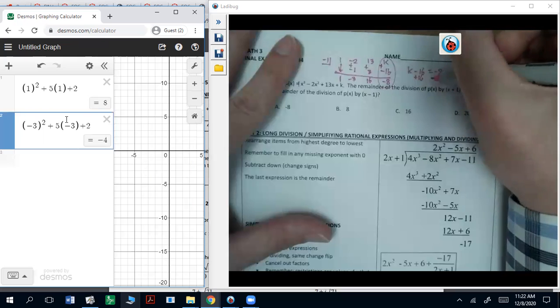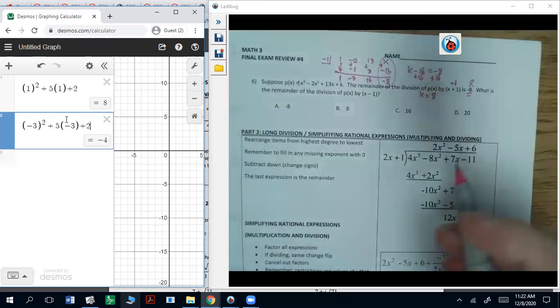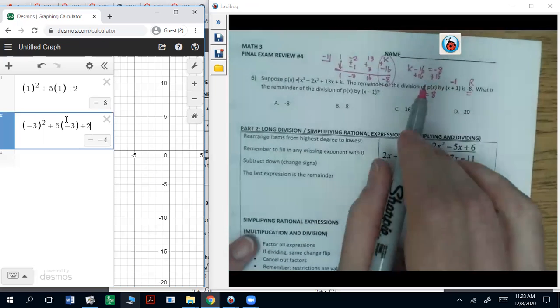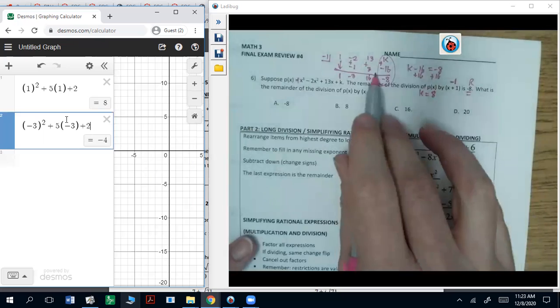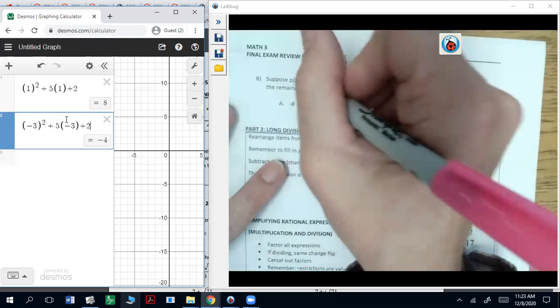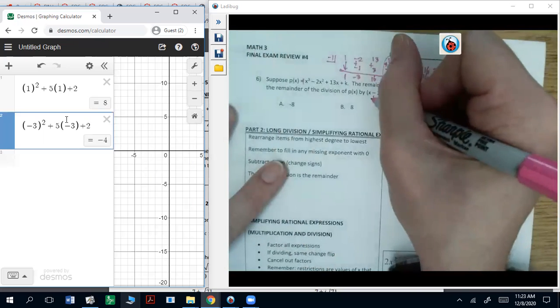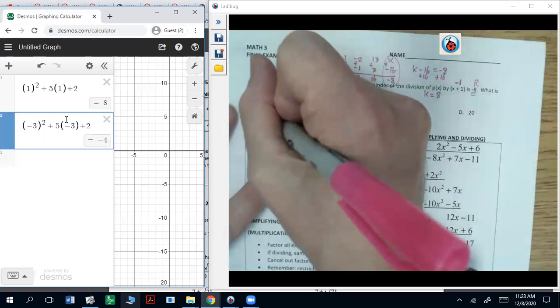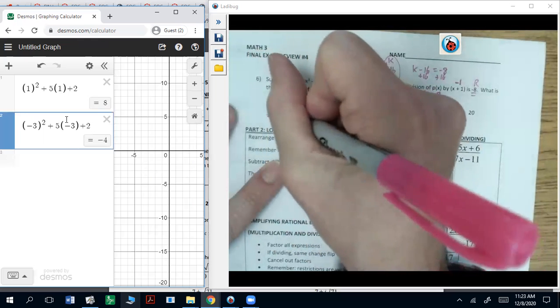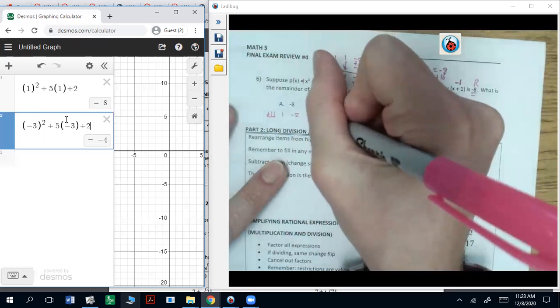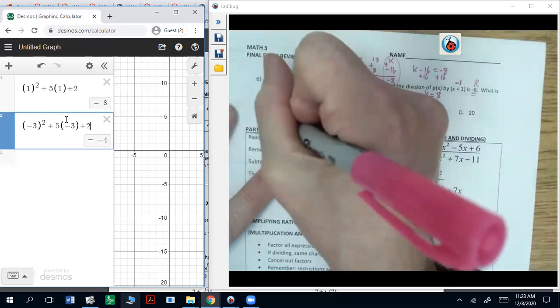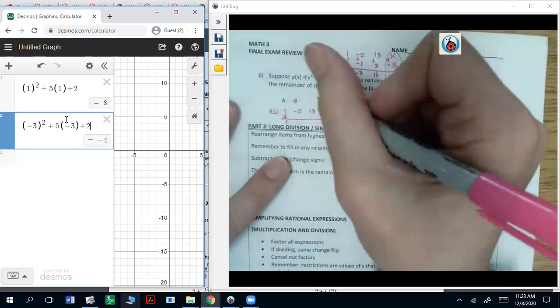You can add 16 to both sides, and k is going to give you 8. But now we have to do it one more time again. So knowing that my k value is 8, I will go back and do another synthetic division with +1. And plug that 8 back in.